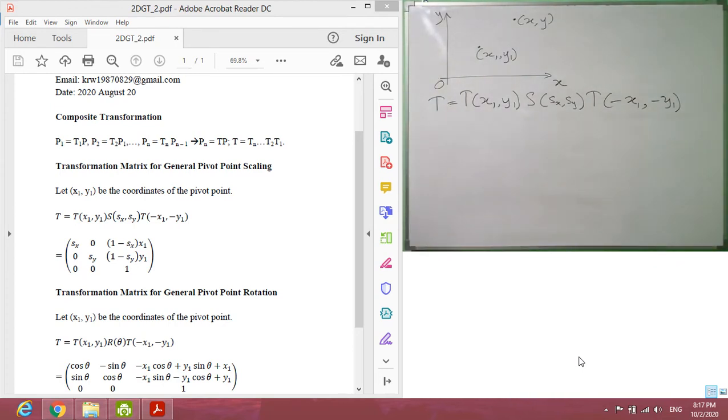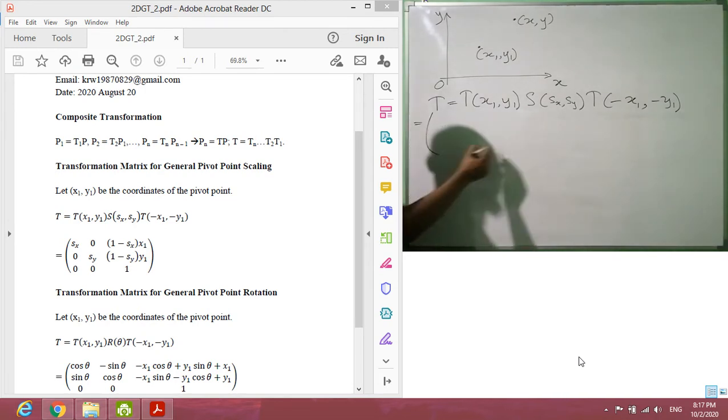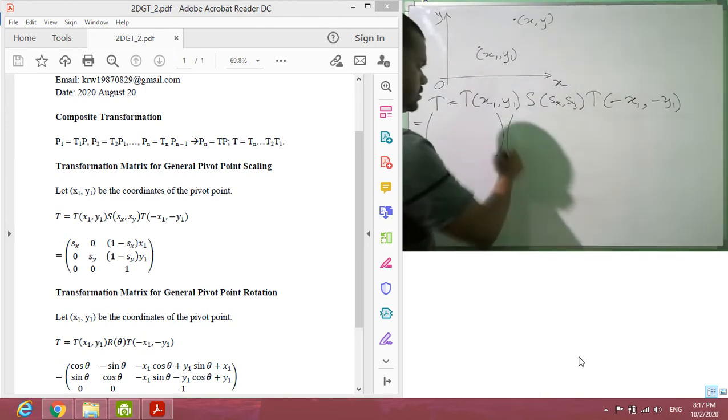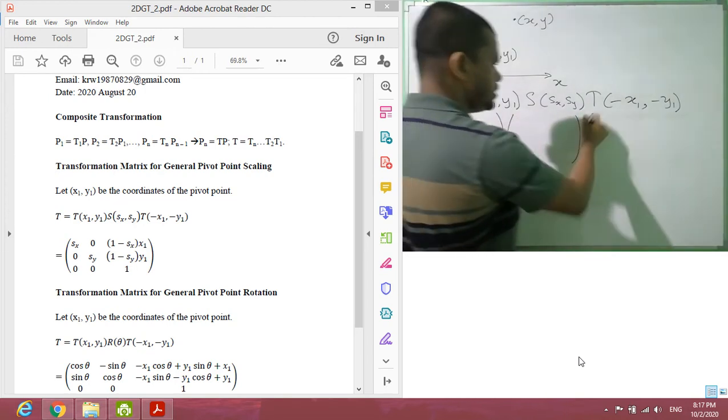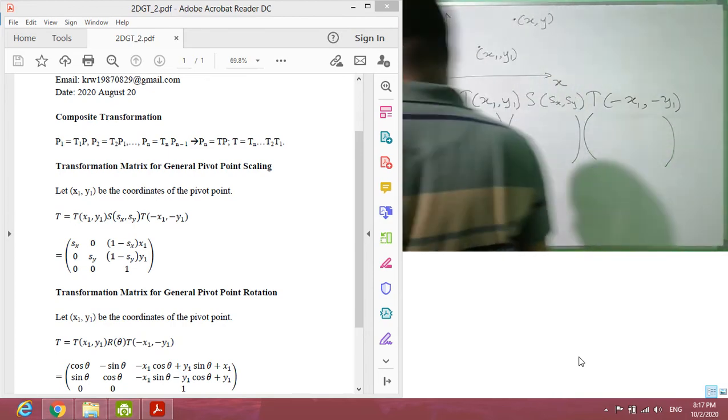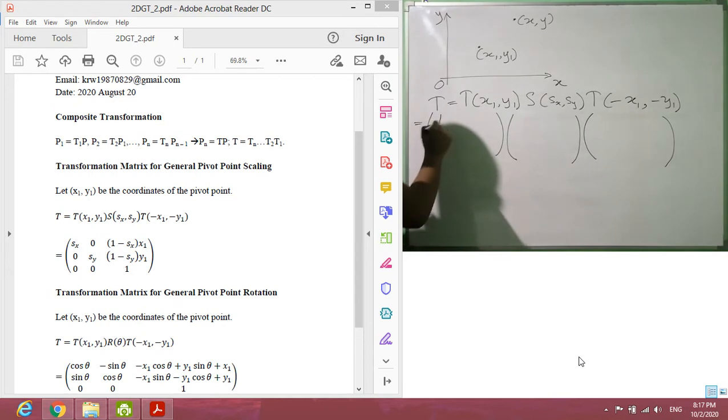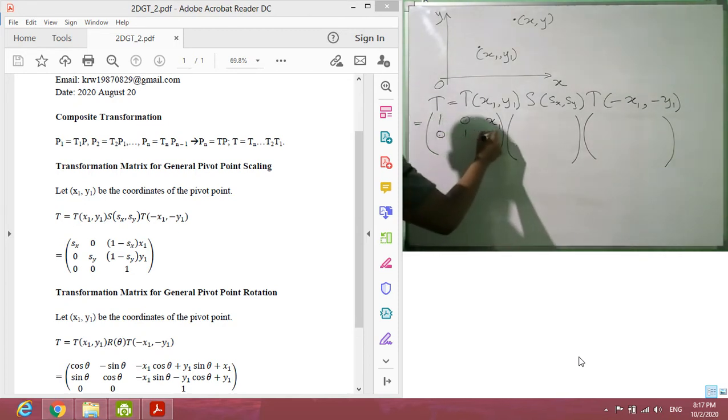Now if we perform the multiplication, here a 3 by 3 matrix, here also 3 by 3, and here also a 3 by 3 matrix. This one is 1 0 x1, 0 1 y1, 0 0 1.